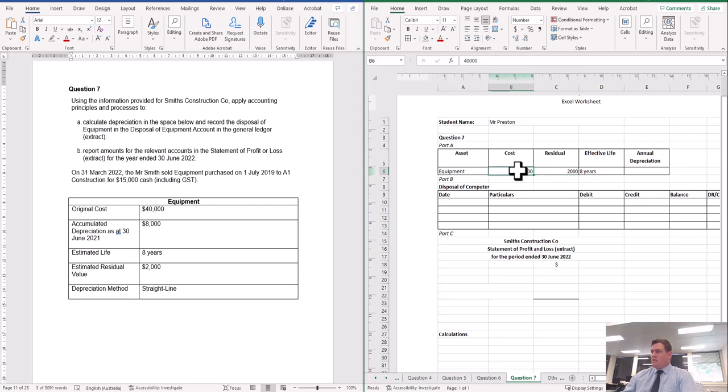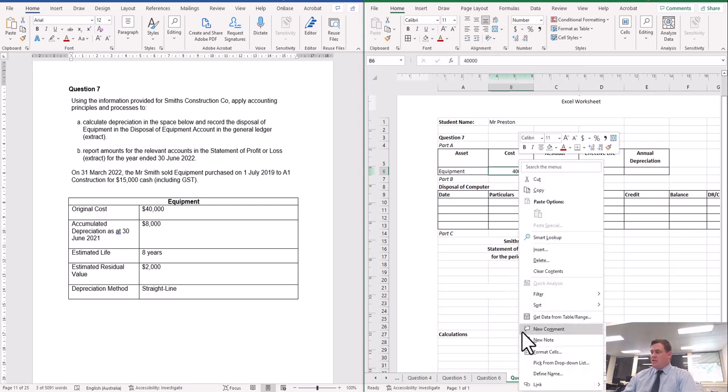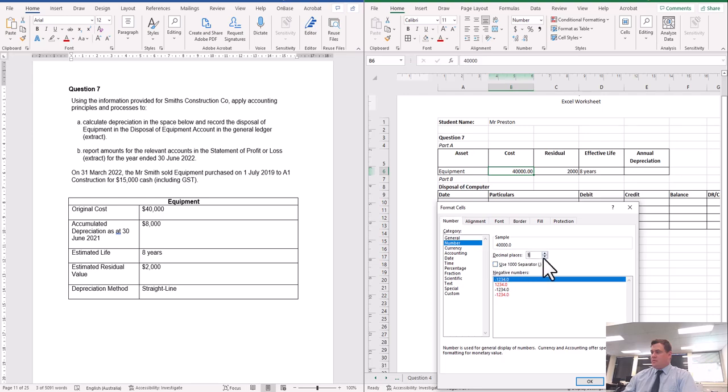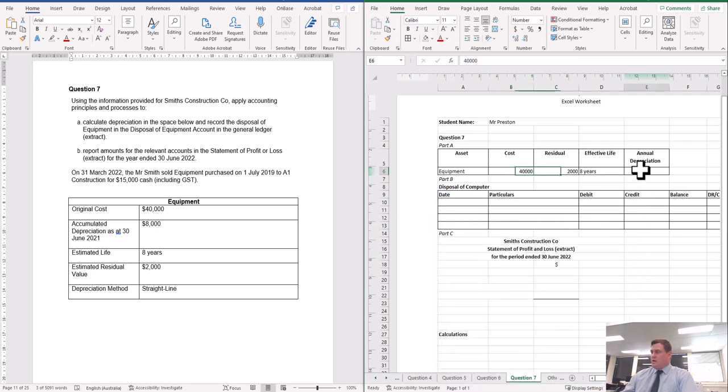So working out the depreciation and using my depreciation formula, which will be the cost of the asset, which is the $40,000.